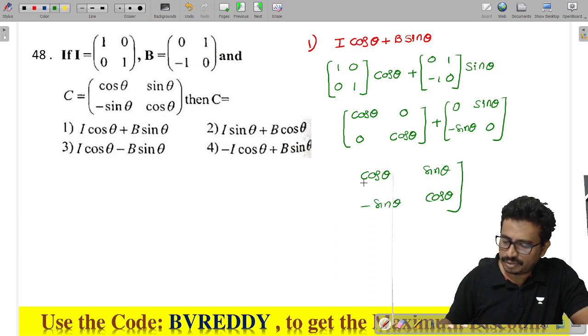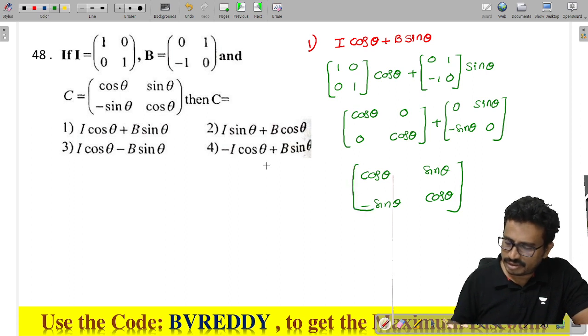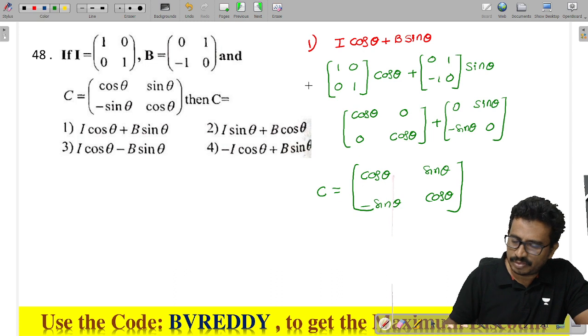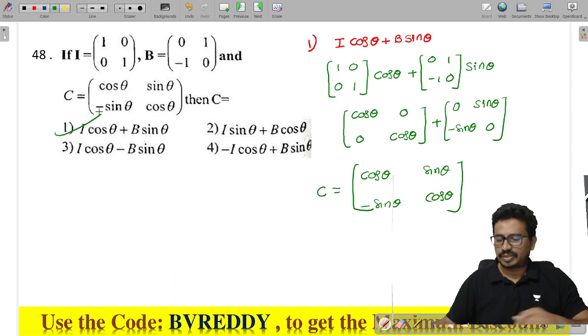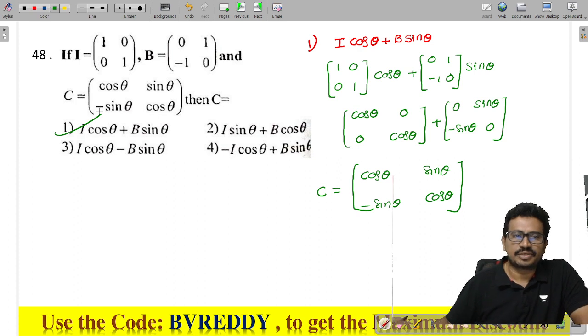You can see this is the C matrix they have given us. So the first option is correct. Let us simply do verification for the options.